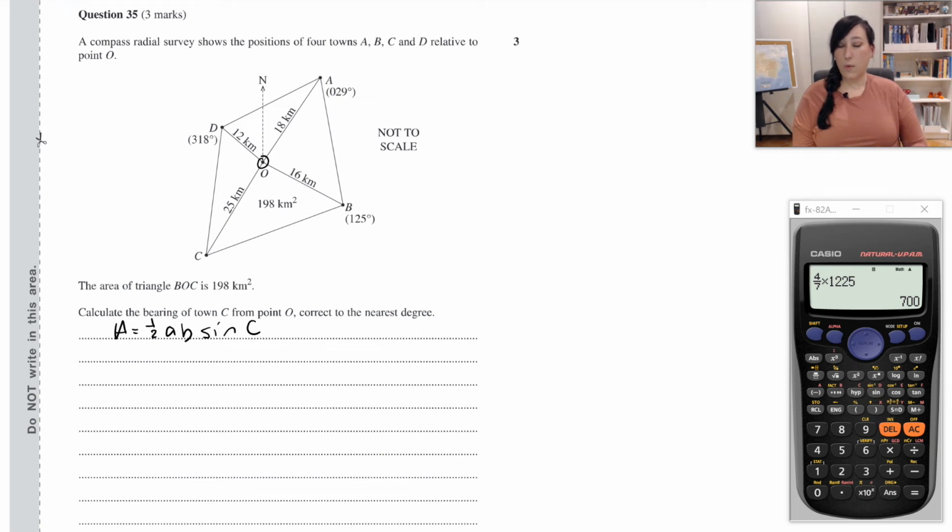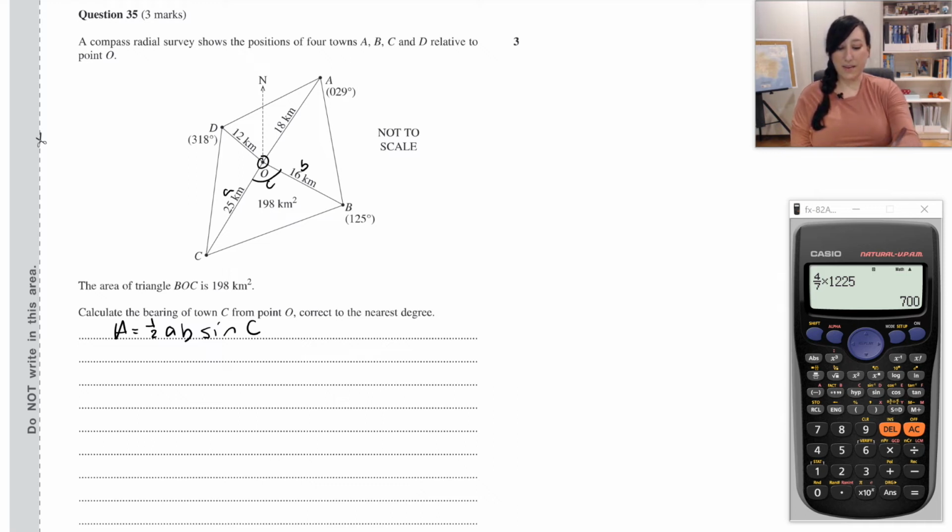The formula requires 2 sides and the angle between them. We're given the area and we have 2 of the sides, which means we can use this formula to find the angle between the sides. This should help us to find the bearing as well. So let's call this angle C and the other 2 sides a and b and put the information into the formula.